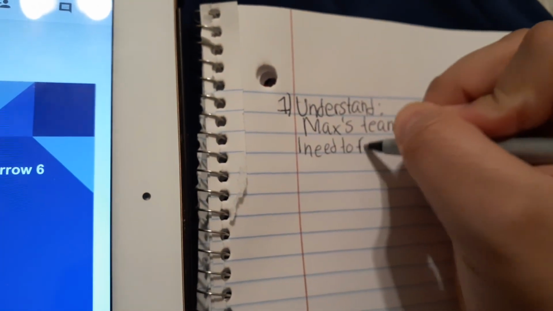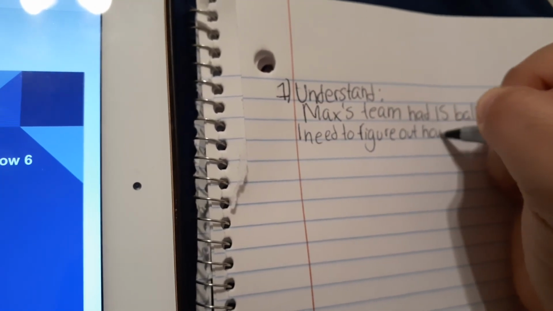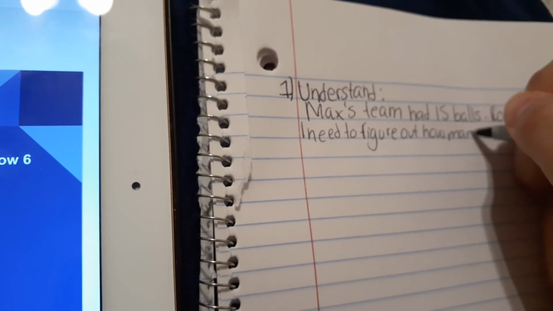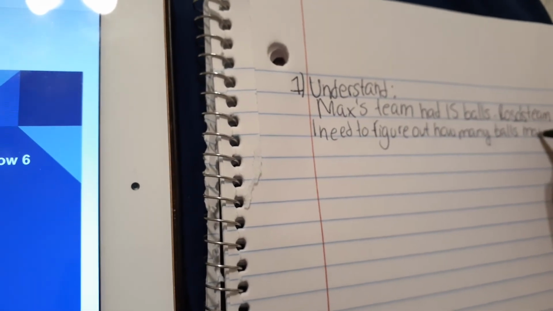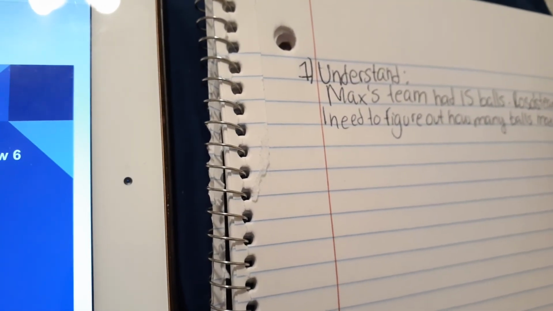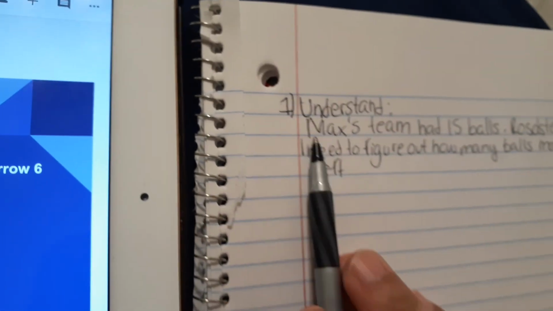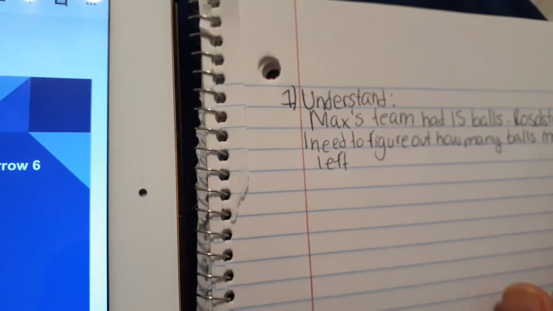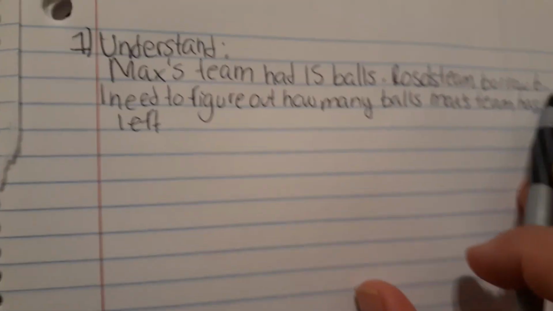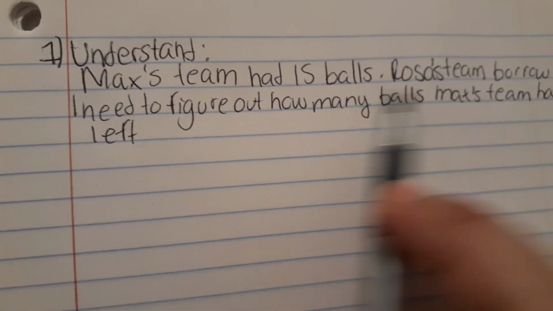I need to figure out how many balls Max's team has left. There you go. So I understood the problem. I understood that they had 15, and then they gave away 6. They let them borrow 6. And so I need to figure out how many balls Max's team has left.